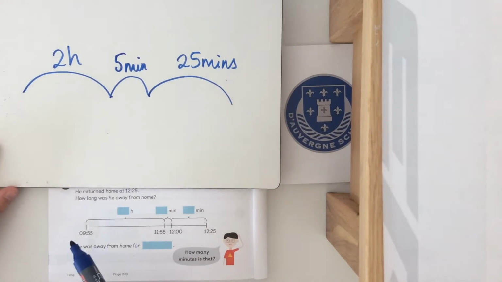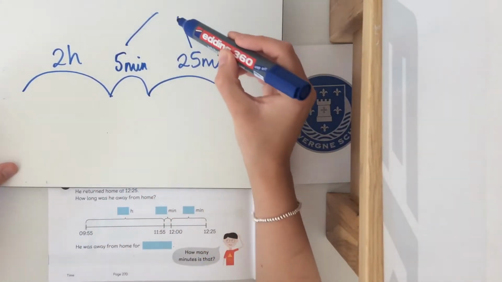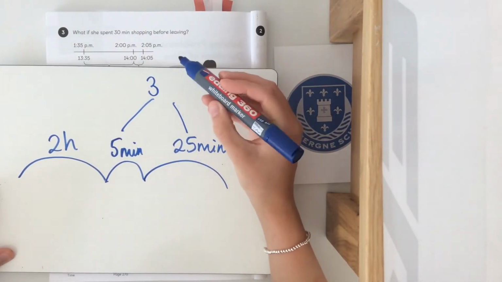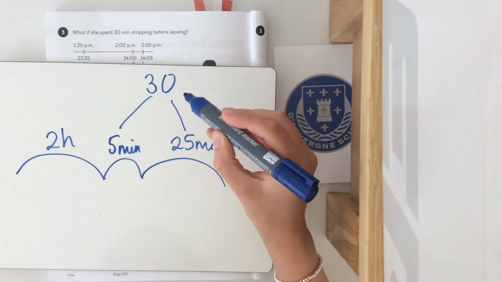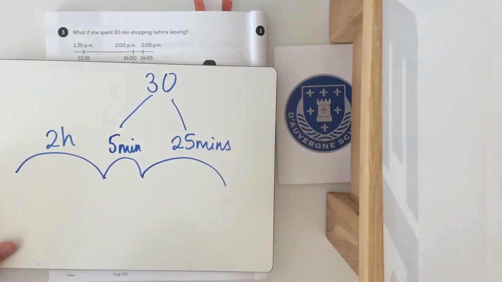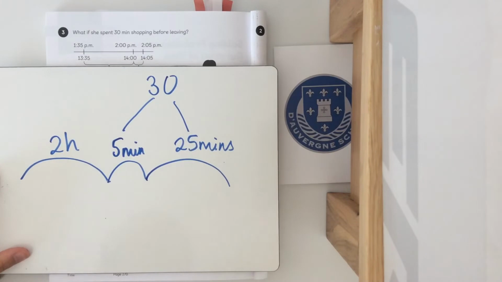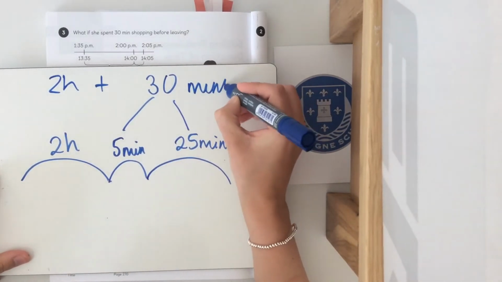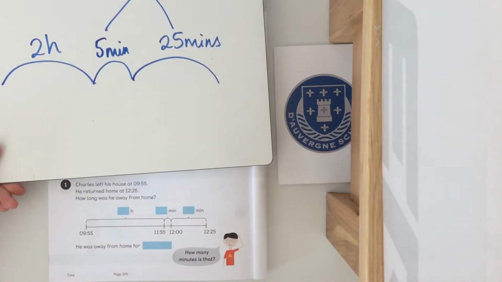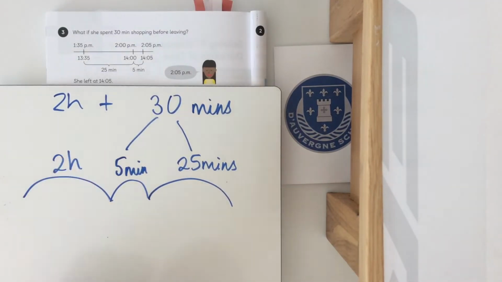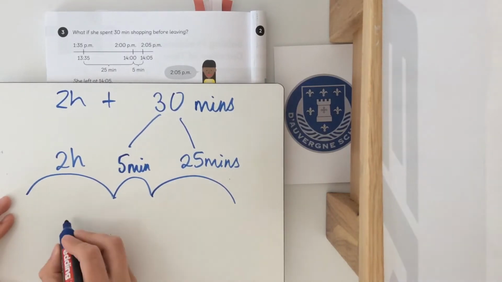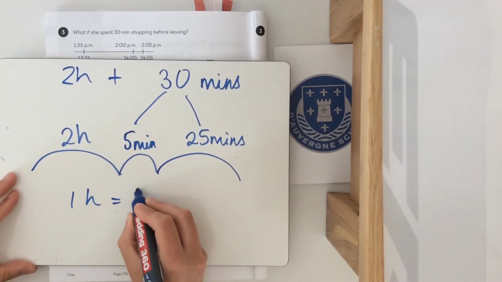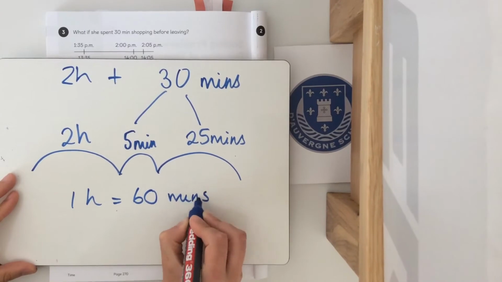Now if we add them together, we can add the minutes together. 25 add 5 equals 30. And then we add the 2 hours. So Charles was away from home for 2 hours and 30 minutes. If we were to convert that into minutes, we know that 1 hour equals 60 minutes.